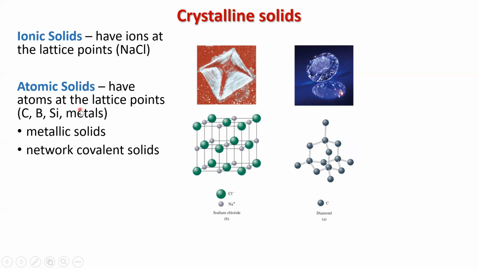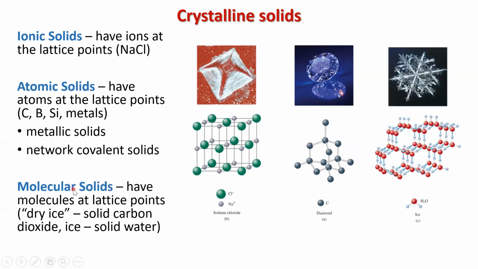There are two types of atomic solids. There are metallic solids, which means we've got metal atoms at the lattice points, or they can be network covalent solids. And the third type of crystalline solid would be molecular solids, which have molecules at their lattice points.